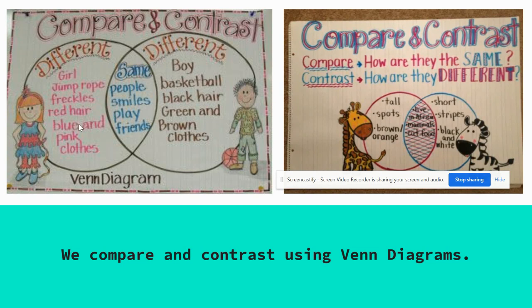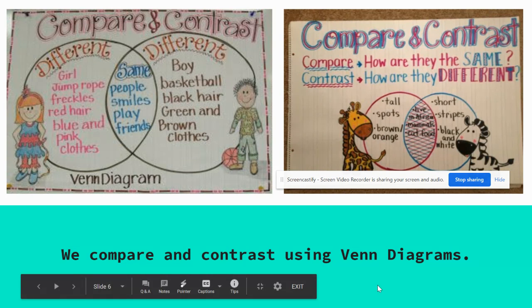And in one circle, you're going to talk about how the Japanese culture is different than your culture. And in the other circle, you're going to be talking about your culture and how that is different than the Japanese culture. In the middle, where the two circles come together, you're going to be comparing your culture and the Japanese culture. So what is the same about the two cultures?